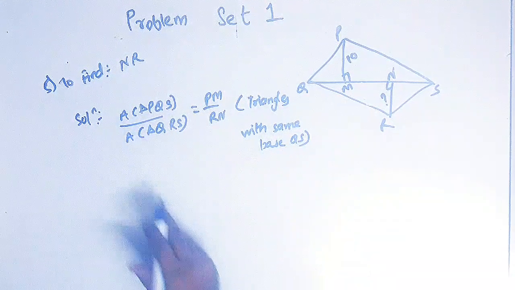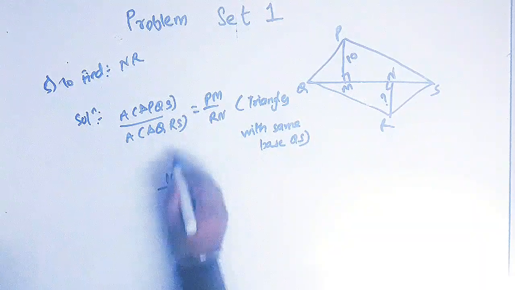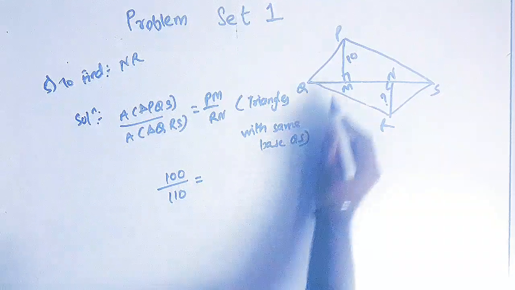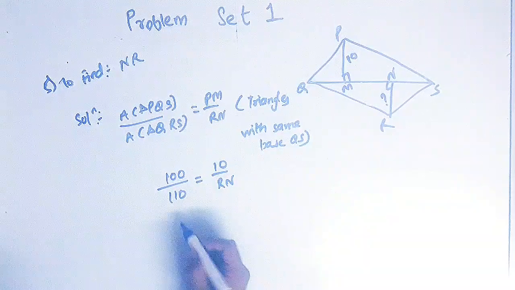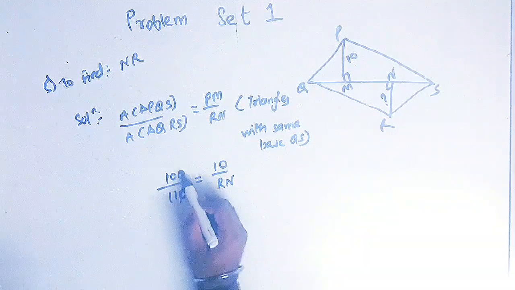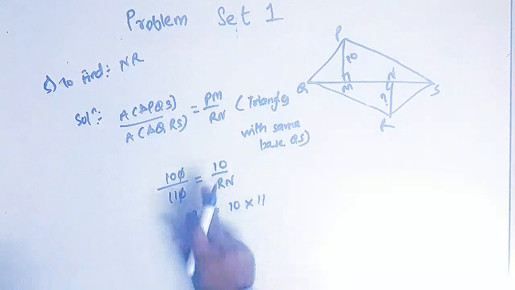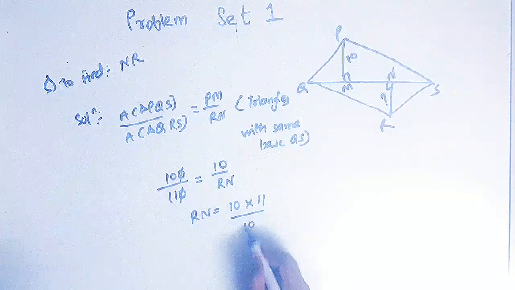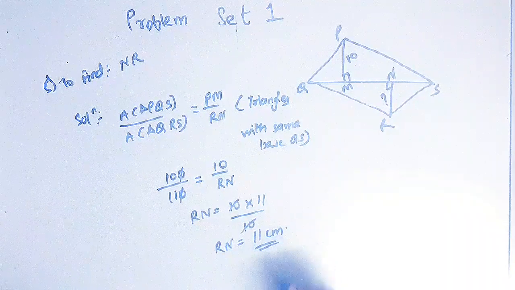Now PQS area we know, PQS area is 100, QRS we know it is 110, PM we know it is 10, and RN we have to find. So simple cross multiplication, or before that I'll cut this 0 0. So RN is equal to 10 into 11 upon this 10. 10 will get cancelled. What is RN equals to? RN equals to 11. Centimeter is given, so you can write 11 centimeters. Then we'll move on to question number 6.